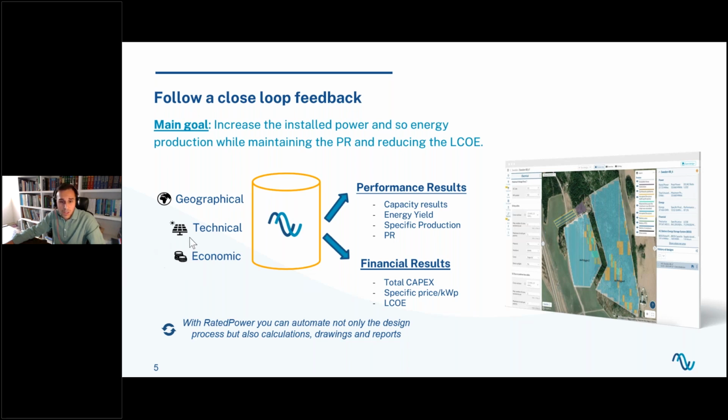When we run every single simulation, we follow a closed feedback loop where we get different results in performance and financial terms. Some of them are the energy yield, specific production, performance ratio, and the one we are going to focus on in today's session is the financial LCOE, levelized cost of energy.